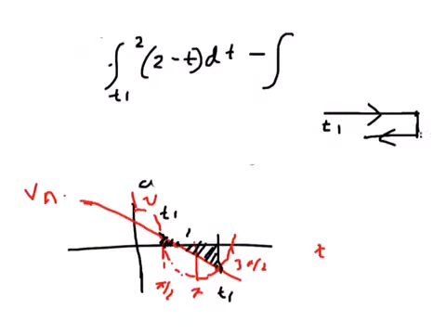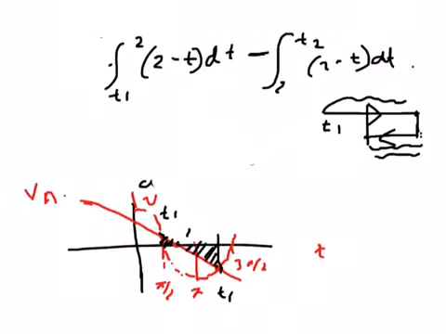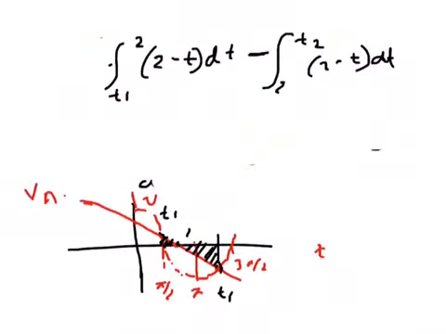So the total distance traveled will be this one plus this one, though the velocity here is negative and the position is decreasing here, the total distance traveled will just be added. So we need the negative of that one, because this will be negative anyway, but we have to get rid of the sign, so we take the negative sign here. So from 2 to t2, 2 minus t dt. So we have to do this integration.